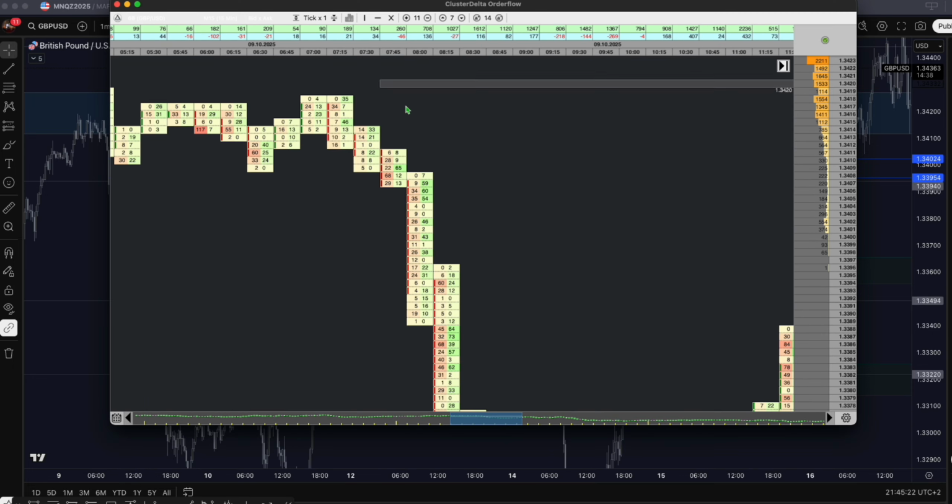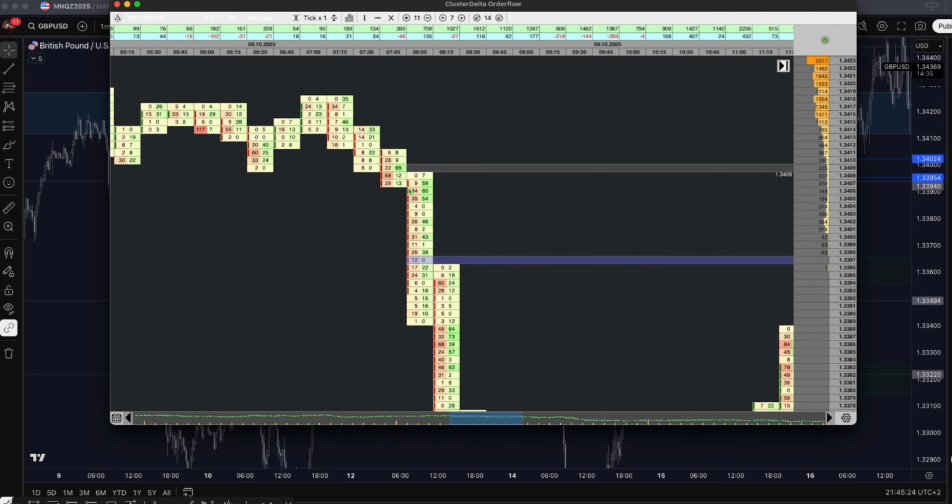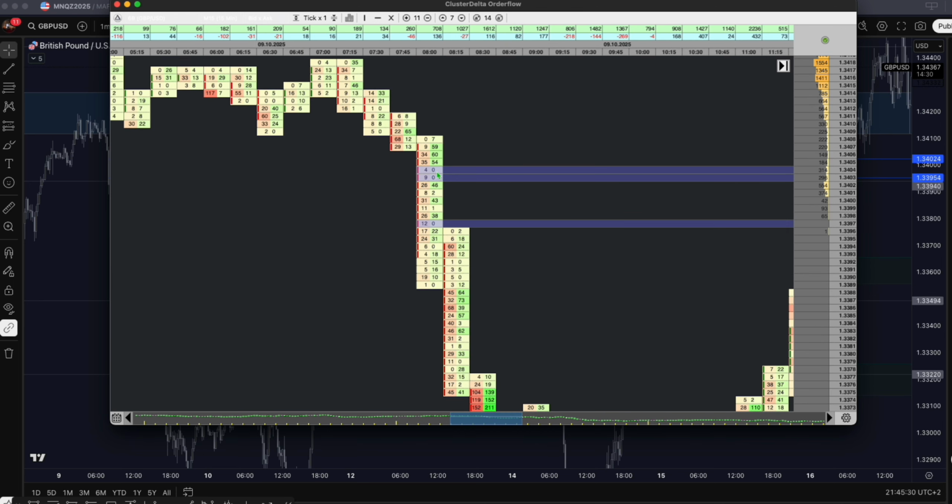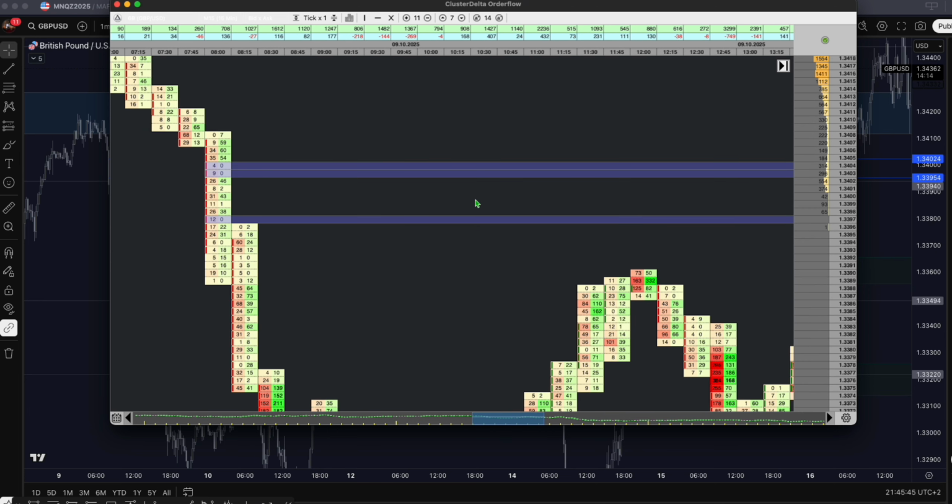Alright, there you go. So, as you can see, here are the inefficiencies that I was telling you about. You see, you have 0, 0, 0, meaning you do not have the other side of the market, in this case buying, which is an inefficiency. Therefore, most of the time the price will just go to attack those levels and, of course, fill them.